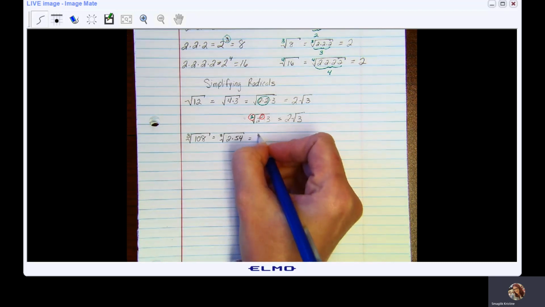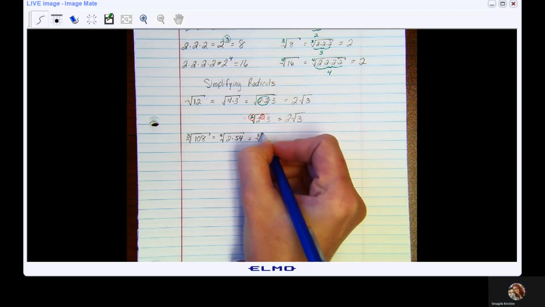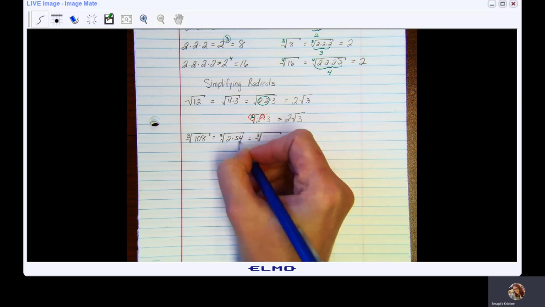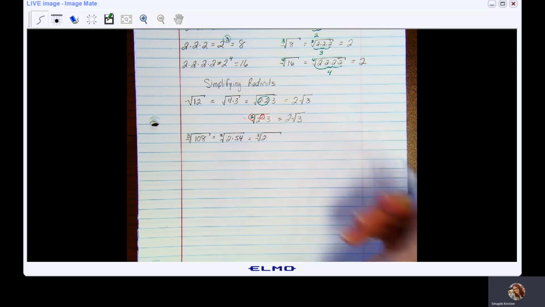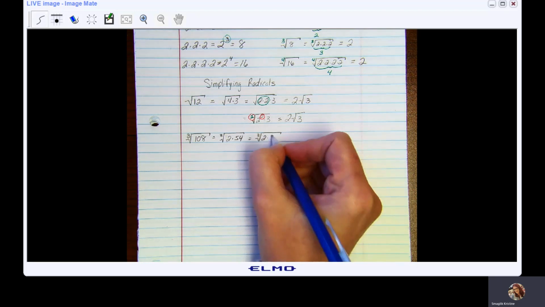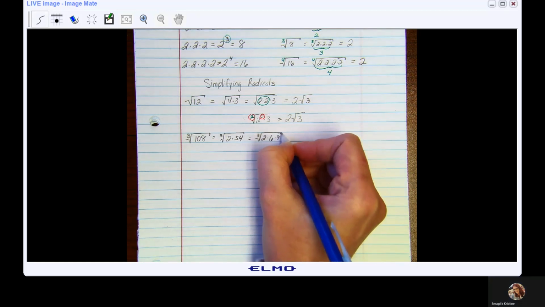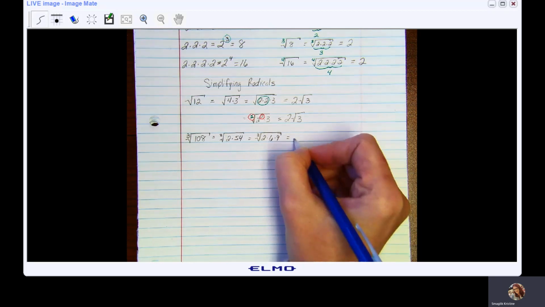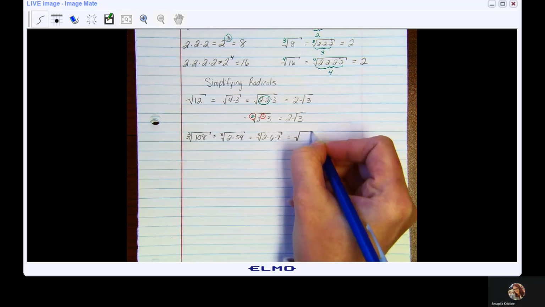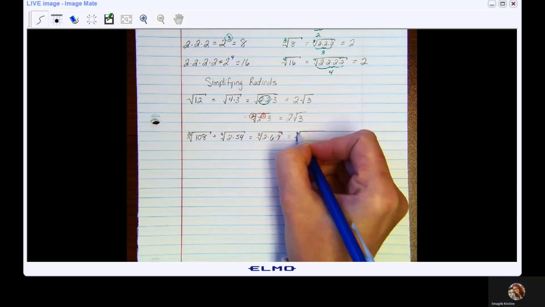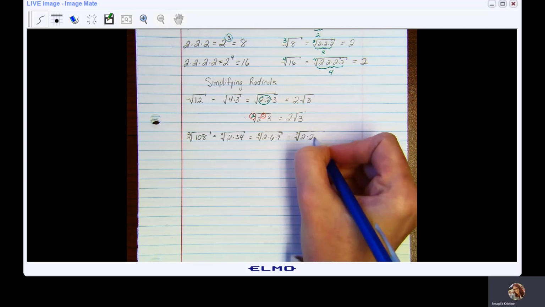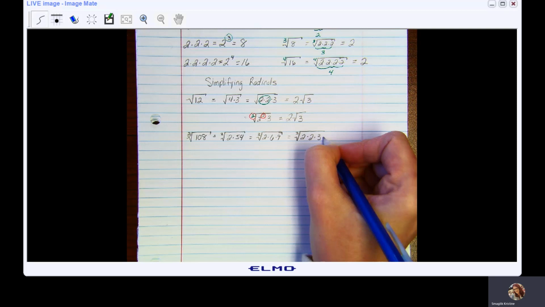However you're able to factor this, go ahead and factor it. There's going to be multiple ways. I'm thinking, well, 54 is 6 times 9. I can still factor these some more. I've got 2. 6 is 2 times 3. And 9 is 3 times 3.